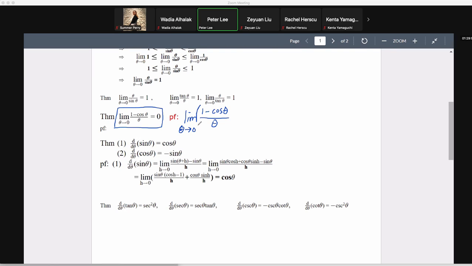So now let's look at this limit problem here. For any kind of limit problem, what is the first thing we have to do? What is the first thing we do on any kind of limit problem?